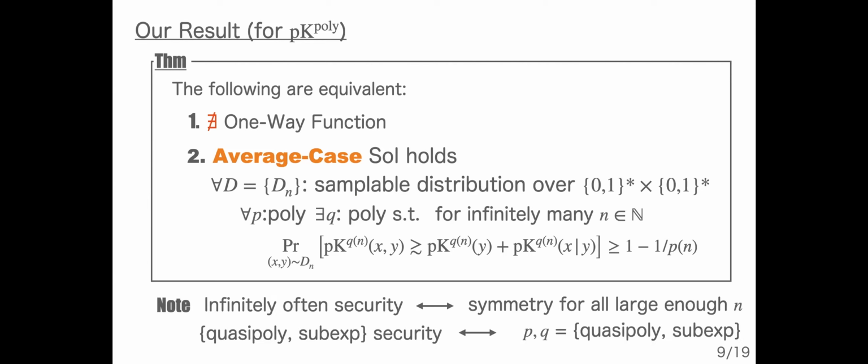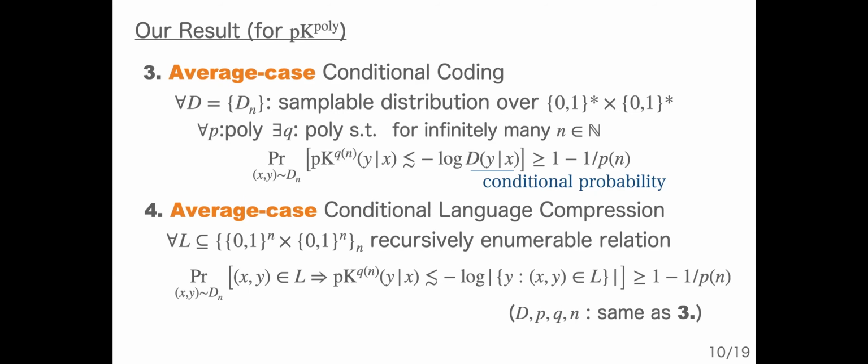Our result is somewhat robust in several settings. For instance, if we consider infinitely often security of one-way functions, symmetry for all large enough parameters captures such a security notion.